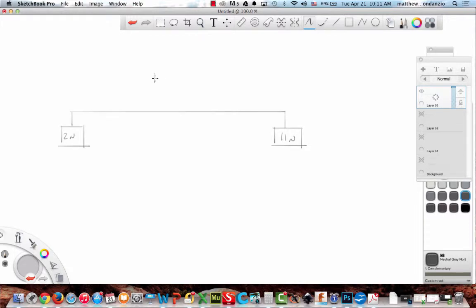The length from here to here is going to be 6.5 meters. I want you to tell me, where is the center of gravity? Where does the rope have to pull to balance? That would be the new center of gravity of the system. Where does it have to be to balance?